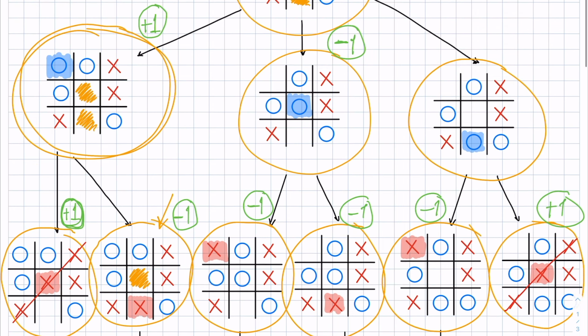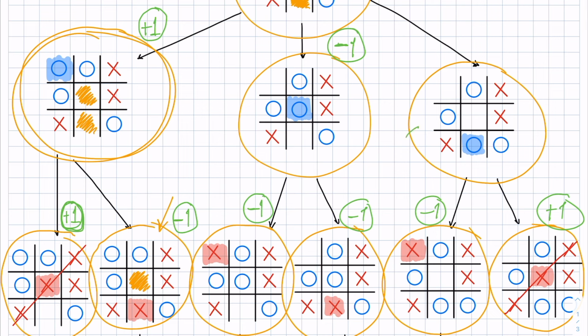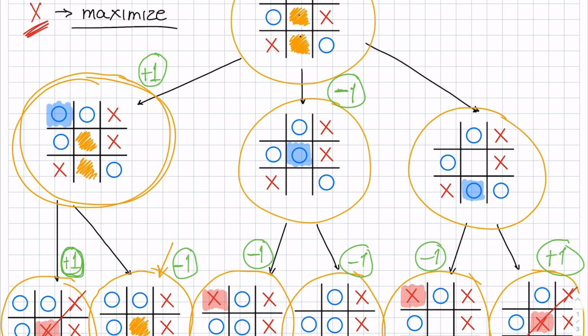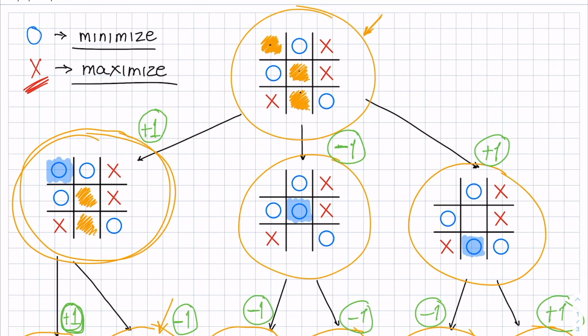Now, remember, which player is the one doing the next move? In this case, the maximizing player. So he's going to choose, obviously, the +1 evaluation board. So this board leads to an evaluation of +1. And now we've reached the final step of our algorithm.